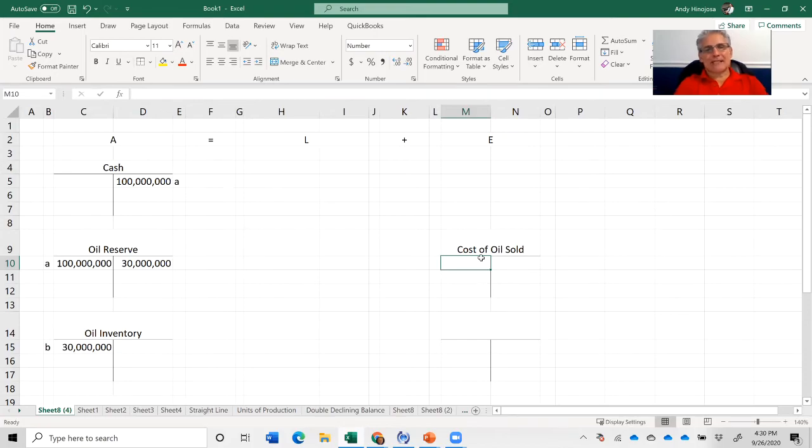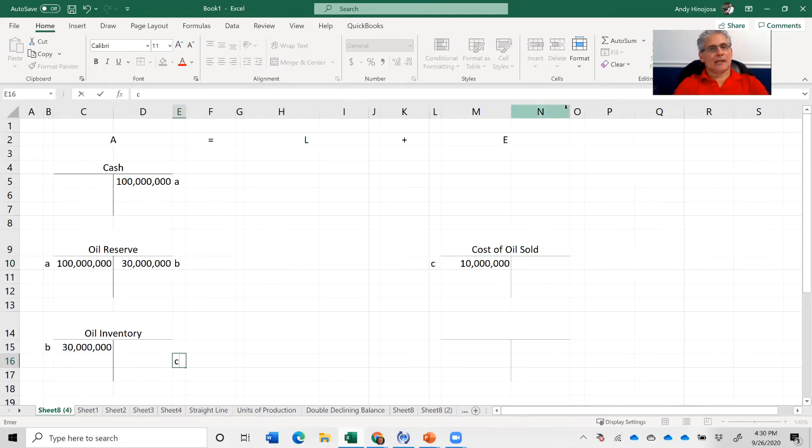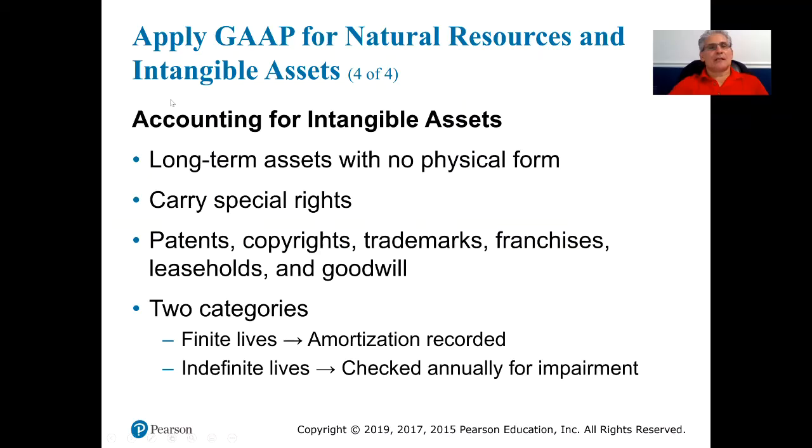We're going to debit the cost of oil sold for $10 million and credit oil inventory for $10 million. So the balance in oil inventory is going to be 20 million. You can see that debit minus the credit gives the balance. Let's go ahead and put the balance there.